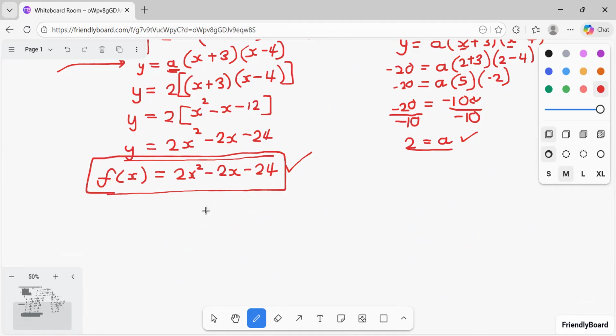So this is how you find the equation of a parabola using the x-intercept form.